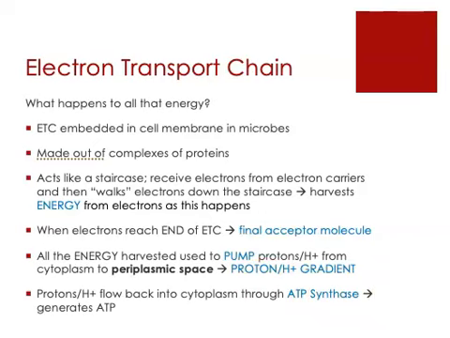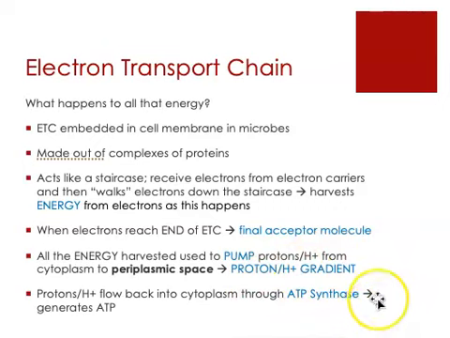Nature doesn't like that gradient. Nature wants that gradient to go away and go back to equilibrium. And that's going to happen. Those hydrogen ions, those protons, are going to be allowed to flow right back into the cytoplasm where they belong. And they're going to do that by flowing through this molecule called ATP synthase.